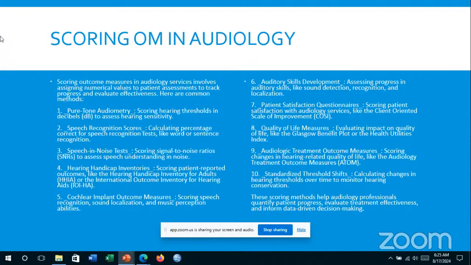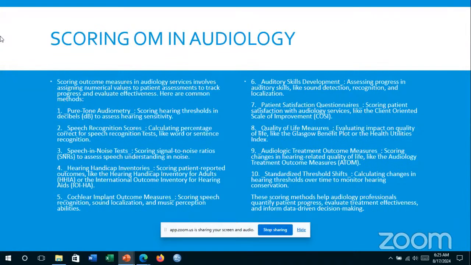You have to interpret your cut-off score, like when you are looking for the threshold of variance divided by 3 that is accepted conventionally. You have to compare the norm, that's comparing individual scores to age-related ones, and you can track change over time. So these are the guidelines for audiology outcome measure.